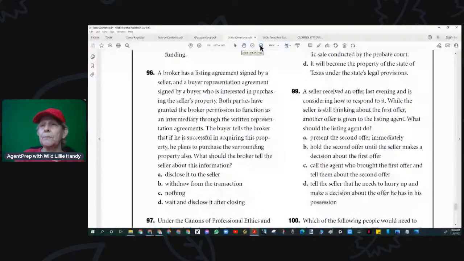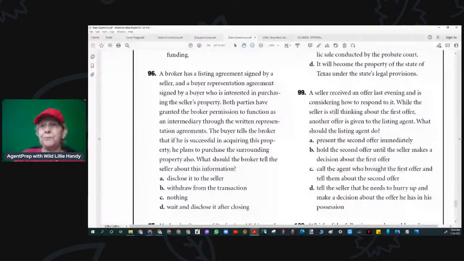All right, number 96. A broker has a listing agreement signed by a seller and a buyer representation agreement signed by a buyer who is interested in purchasing the seller's property. Both parties have granted the broker permission to function as intermediary through the written representation agreements.